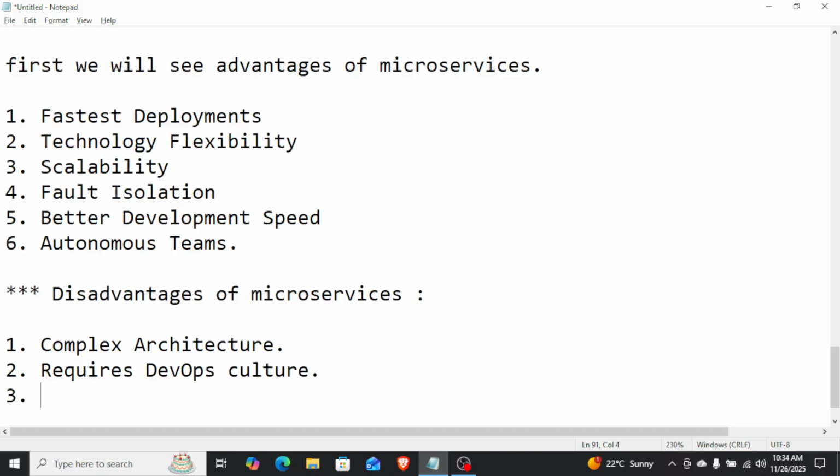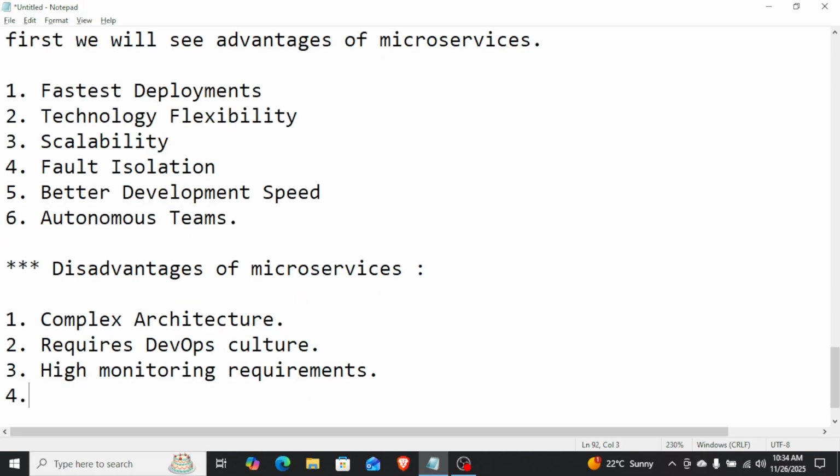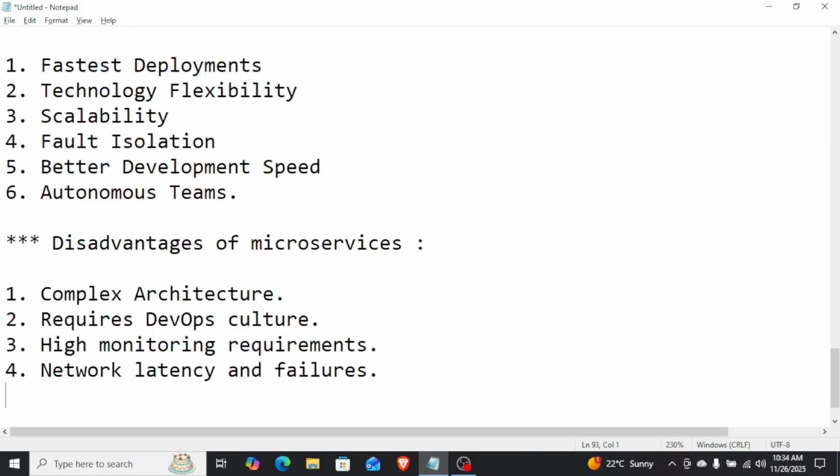Third disadvantage is high monitoring requirements. Fourth disadvantage is network latency and failures. And our fifth disadvantage is data consistency challenges.